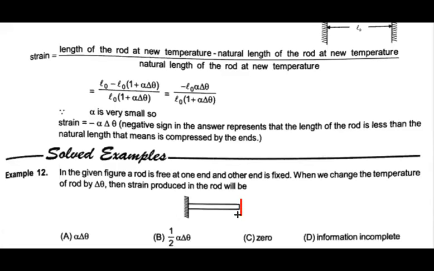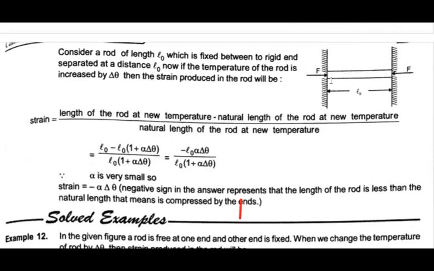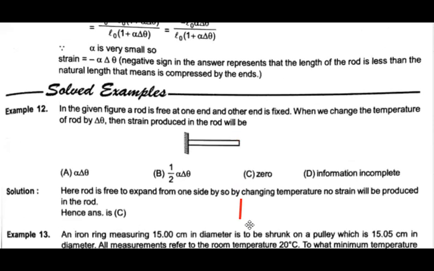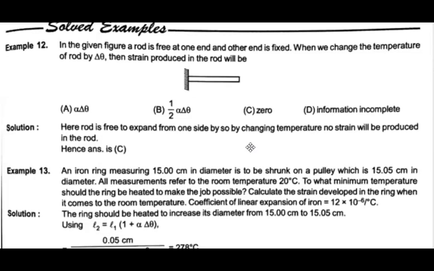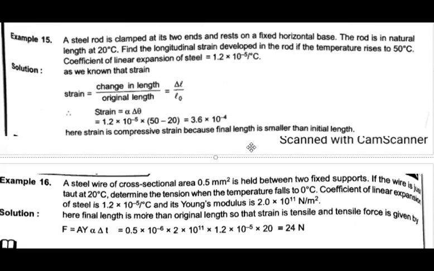So it can expand, and there's no restoring force in this case. Because in the earlier case, it was closed at both ends, so when it wanted to expand, there was a restoring force because of the wall. Got it? So in this case, the answer will be zero because it can expand freely. Question number 13, 14, 15 you can also solve, all based on this.